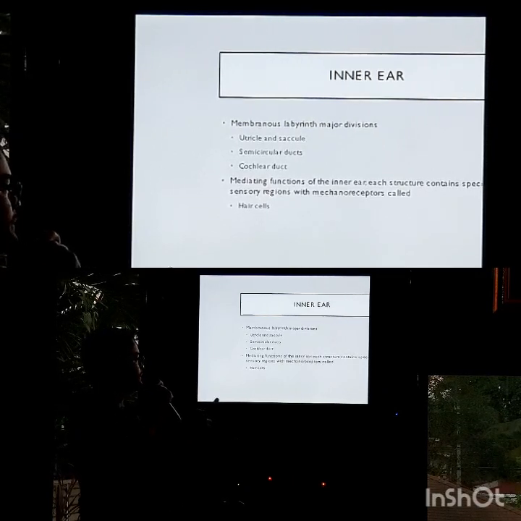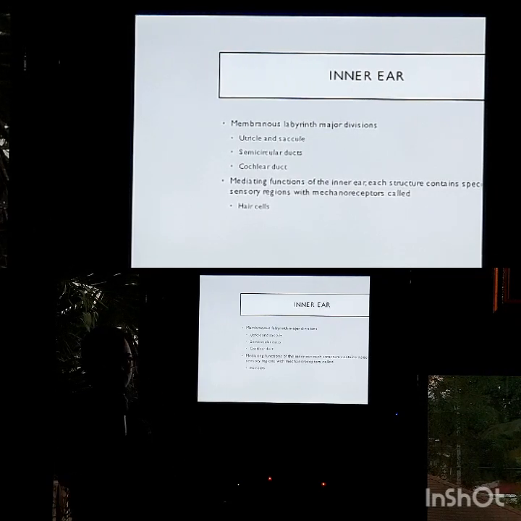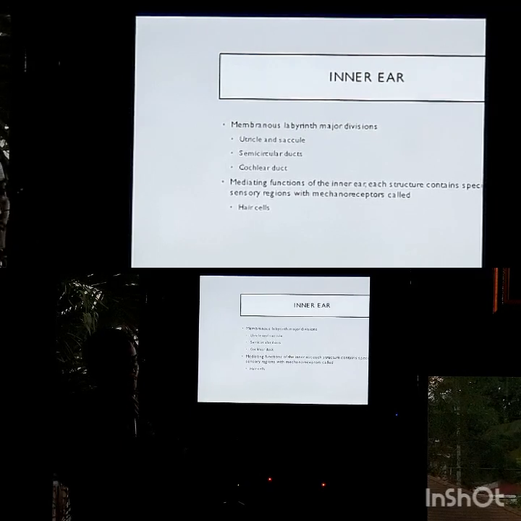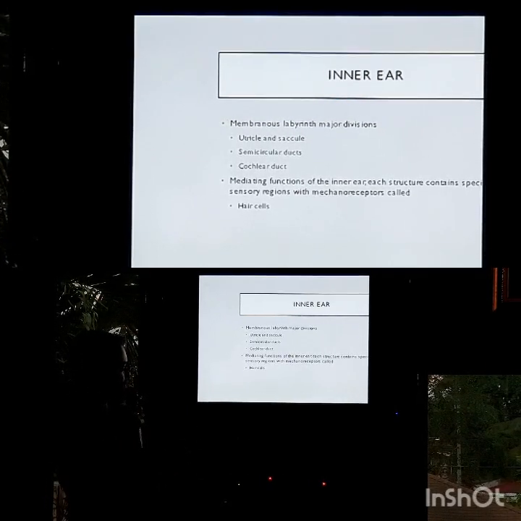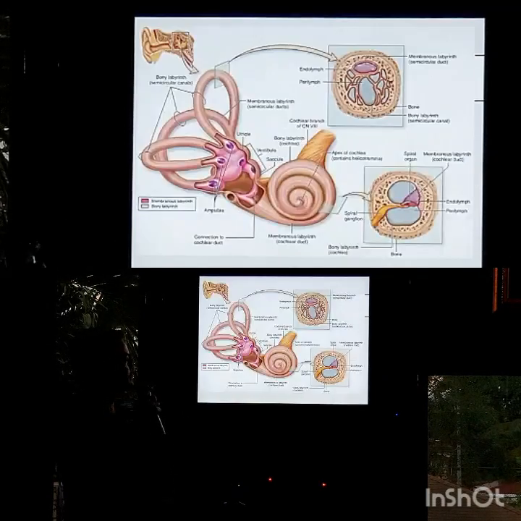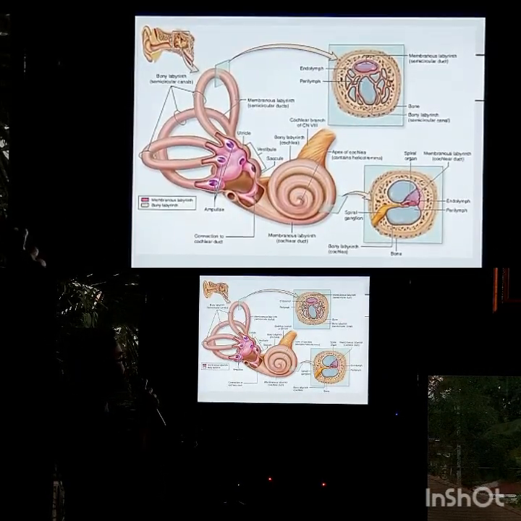Okay, so mediating the functions of these inner ear structures are hair cells. All of them have hair cells. Each structure has a different type of hair cell, but basically what their receptors are is hair cells. So here's a diagram.